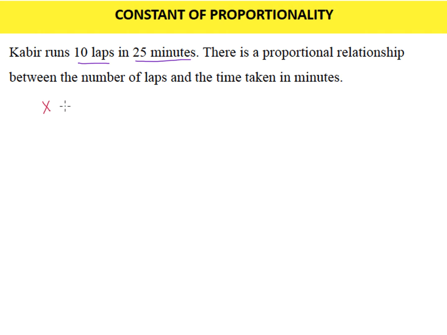So say we decide that your independent variable is time, so that's number of minutes. And in this case, the number of minutes is 25. And your dependent variable, that's y, is the number of laps, and in this case is 10.